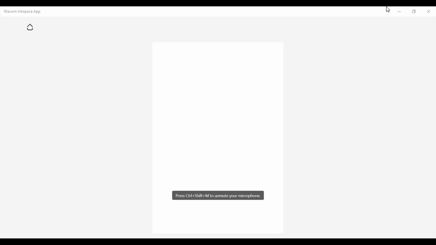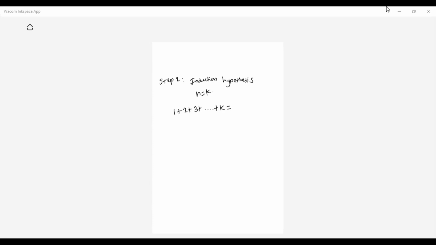So we are at step 2, that is induction hypothesis. We are putting n is equal to k. So what equation will I have? I will have 1 plus 2 plus 3 plus dash dash dash plus k is equal to k by 2 into k plus 1.